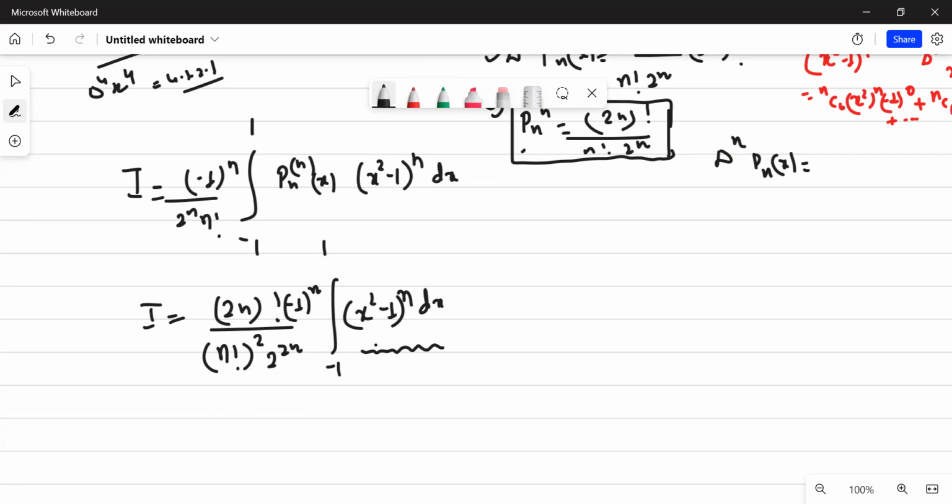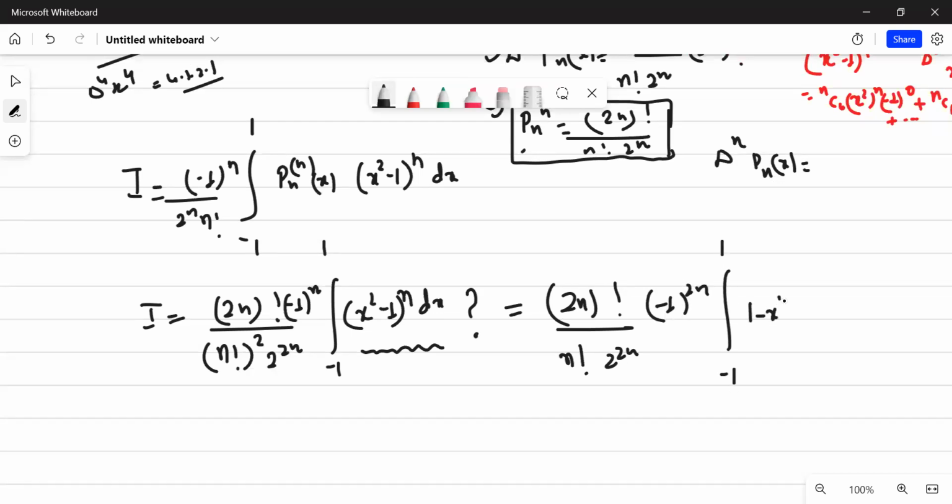So integral is this. अब इसको थोड़ा सोचते हैं, what is this term? या एक काम करो ना, इस x square minus 1 में से minus 1 common ही ले लो, इसको खत्म ही करो. So 2n factorial, take this minus 1 common out from here, so it will become minus 1 की power 2n here. So कम से कम life easy हो जाए हमारी.